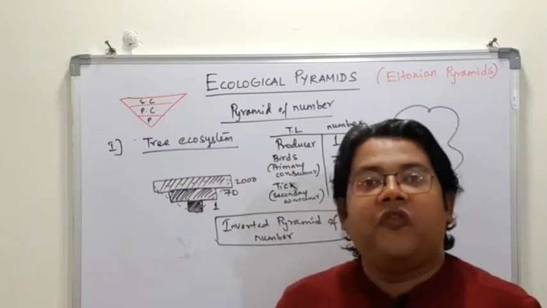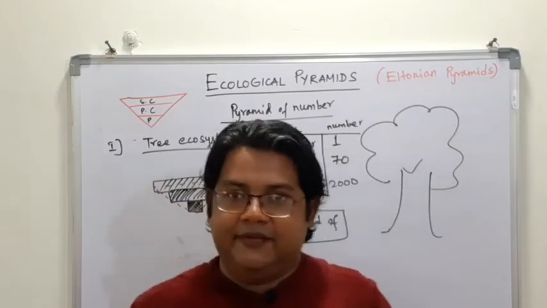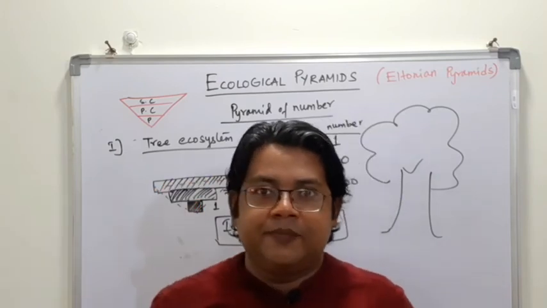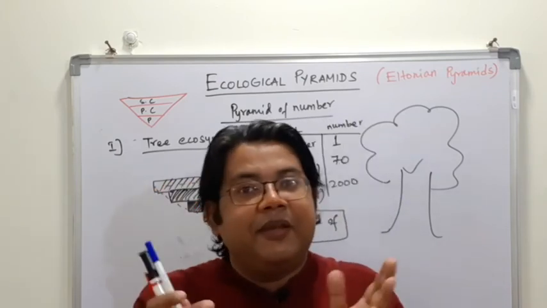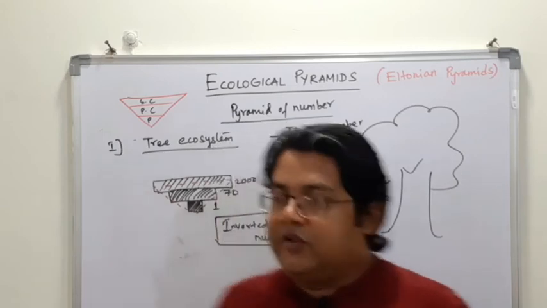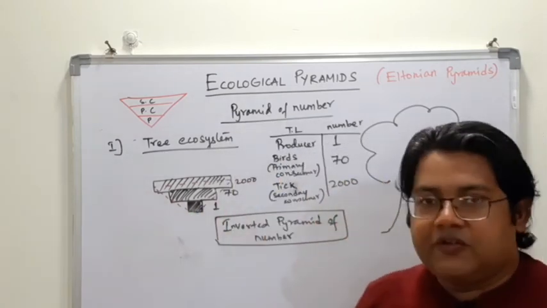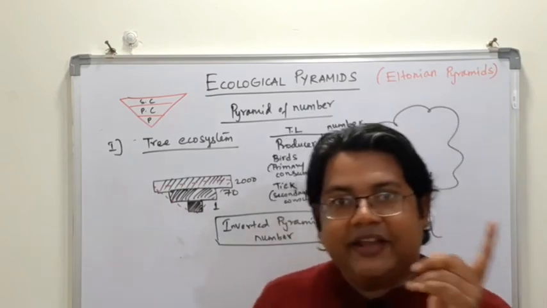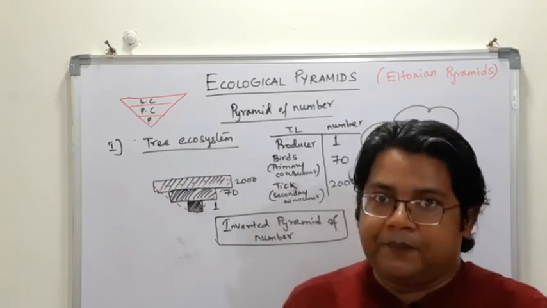So pyramid of numbers can be upright, as we saw in the grassland ecosystem. Pyramid of number can be inverted also, as we have seen in this, considering a tree ecosystem. So pyramid of numbers can be upright, it can be inverted also.